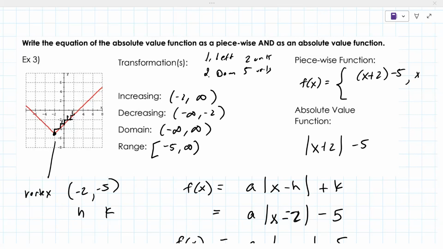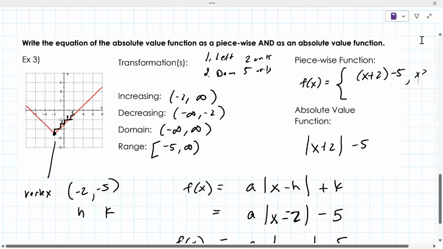So the x would be greater than 1. Can't be 1 there. It's the vertex. It's always the x coordinate of the vertex. So, the h value. Oh, so it's greater than -2, good, and x is less than -2 for the bottom one.